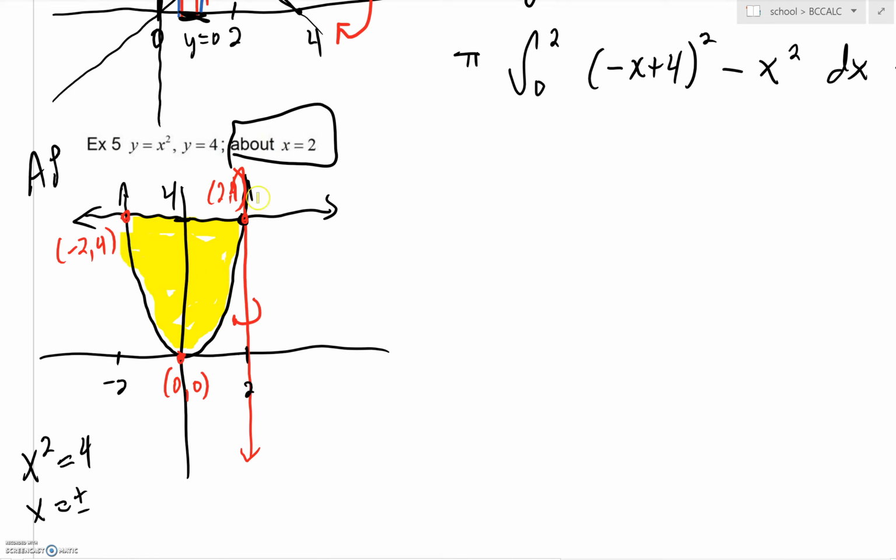But guys, this time there is space between this yellow region and where we're revolving. There's space. We know we're going to have to use the washer method. Tell you what, I'm going to very quickly draw in my radii. I have to go from the axis, change of color here, from the axis and come out over here. Here's my little r. That's a little rectangle, isn't it?